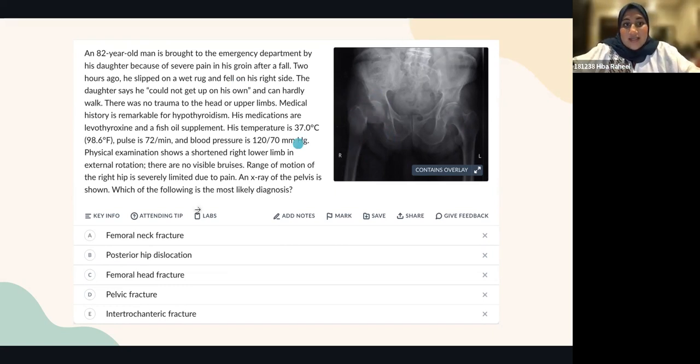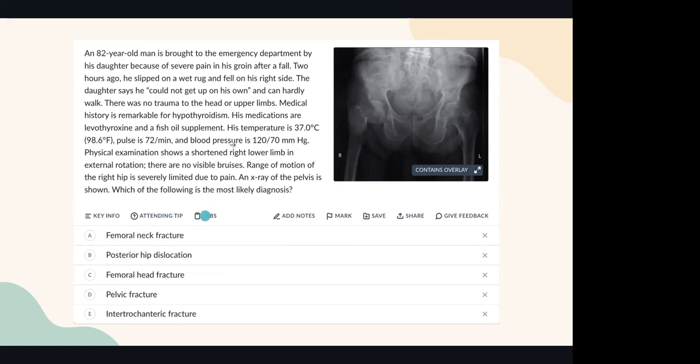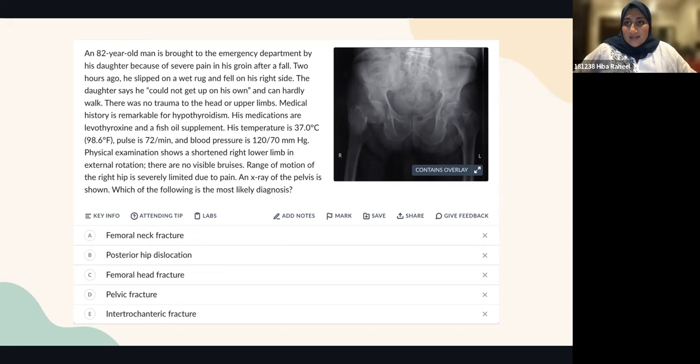So this patient has a femoral neck fracture, but it's not a femoral head fracture because it's not at the head. And how can you tell it's not at the head?